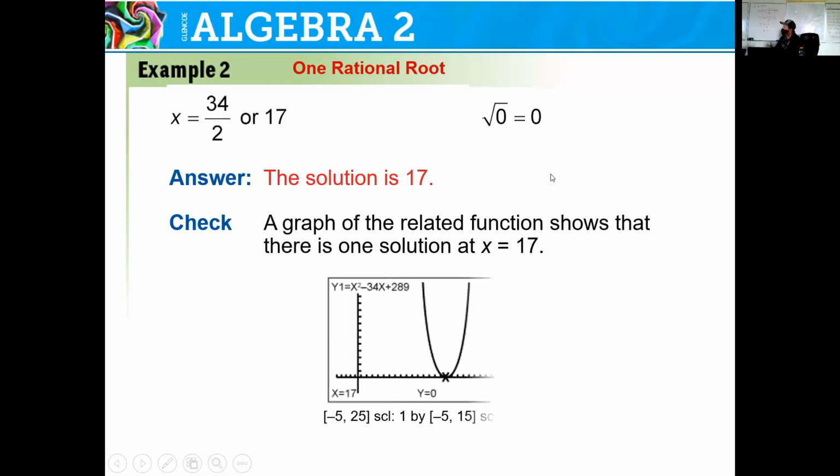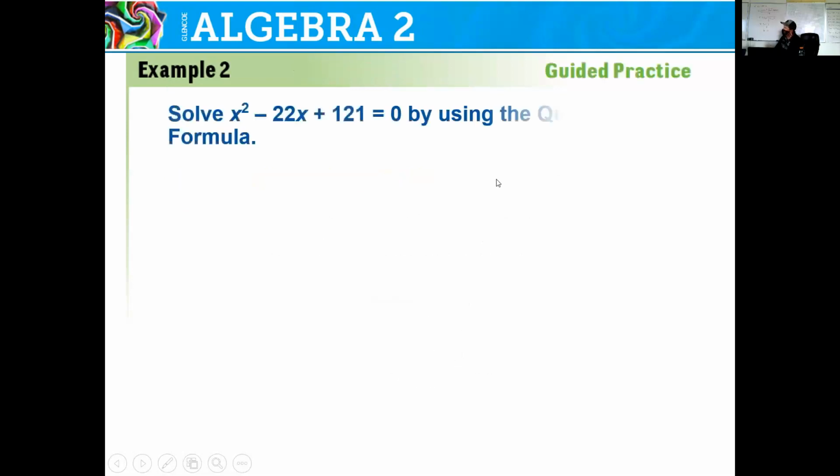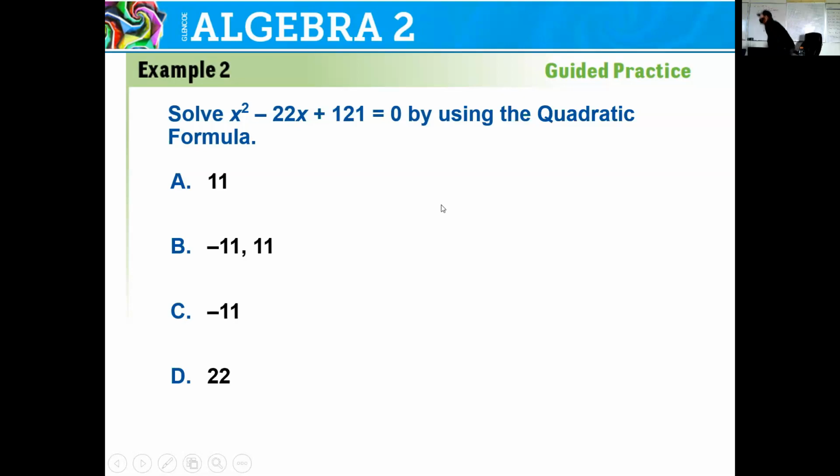The hardest ones are probably the ones where you get irrational roots, where you actually have to split them. All right, one more. So x squared minus 22x plus 21. This one I have a feeling is going to be, I don't know, if I take a guess, I'm going to say 22.